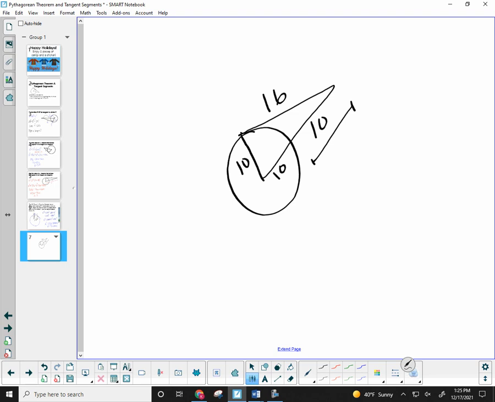You have to be able to transfer your radius to this section too. It looks like it's always bisected, but it's not always the case. That's a coincidence that both parts of that hypotenuse ended up being 10. So be careful of that. A lot of these problems you need to write in the radius. They only wrote it once, they didn't write it multiple times.